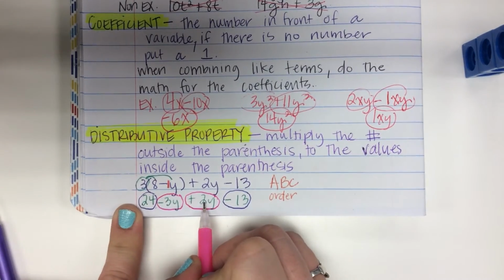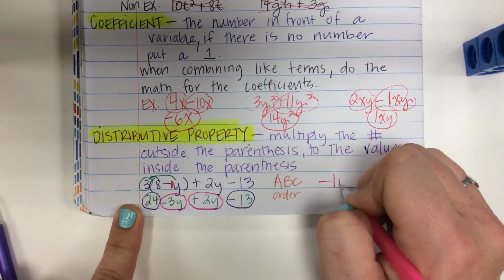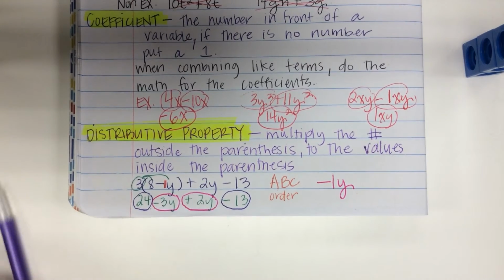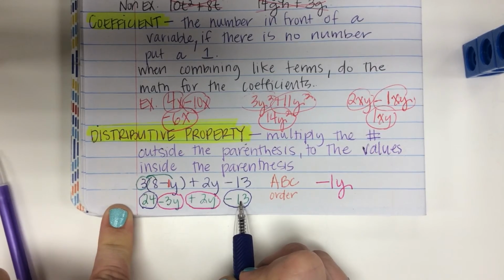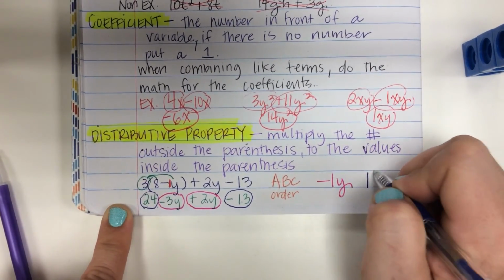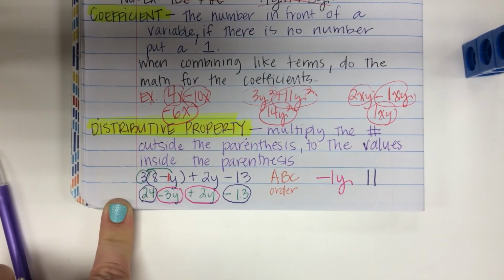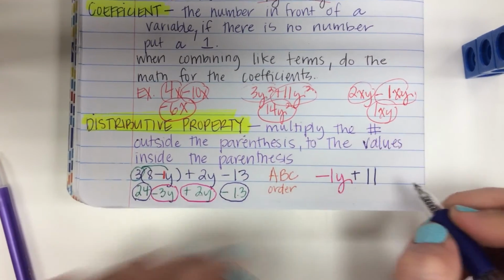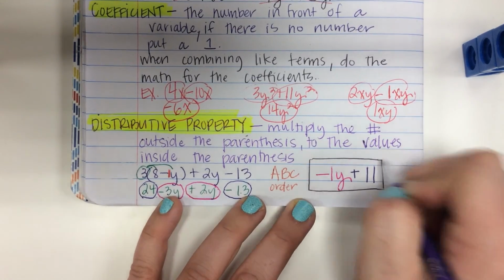Negative 3 plus 2 is negative 1y. 24 minus 13 is 11. That looks funny. What kind of 11 was it? It was positive 11. So since it's positive, let's put a plus sign. And there's your answer.